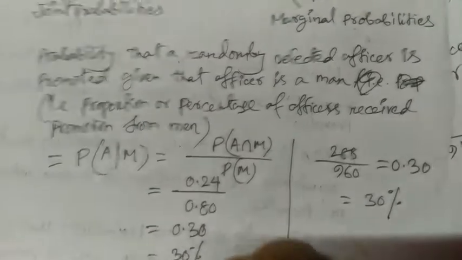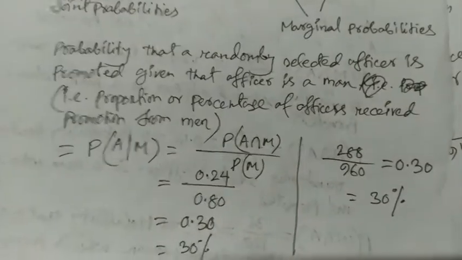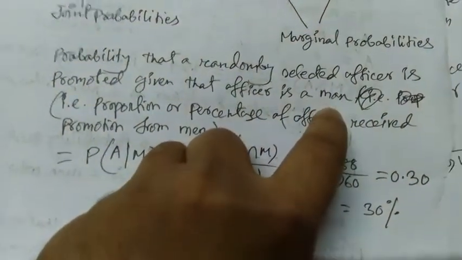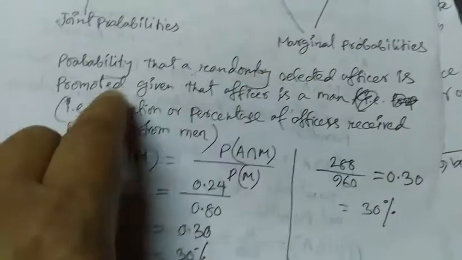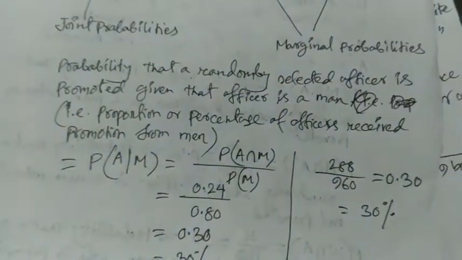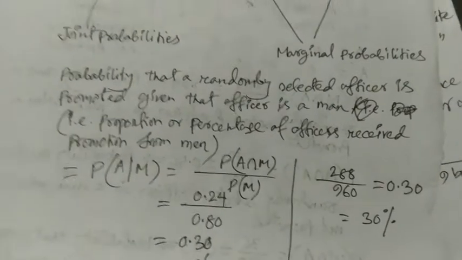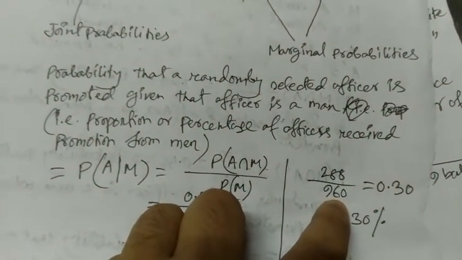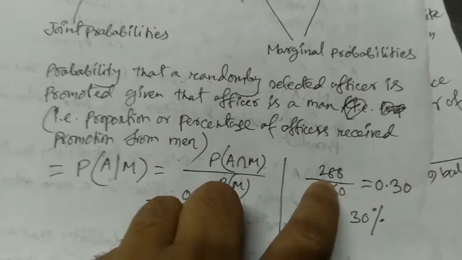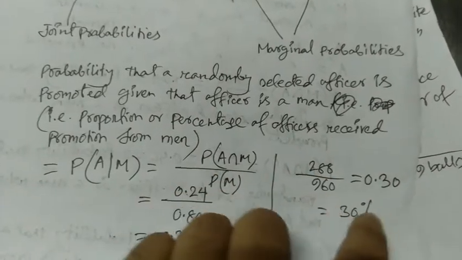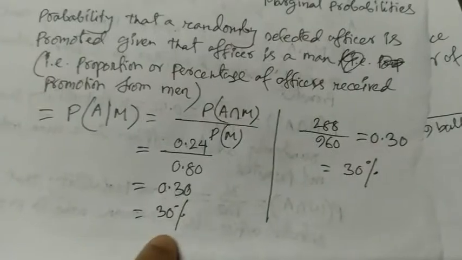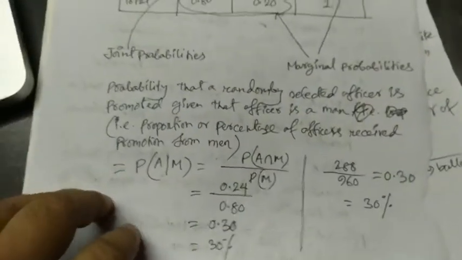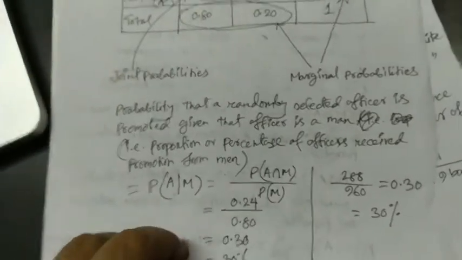So in conditional probability we want to find out, out of male police officers, how many got promoted. Out of 960 male police officers, 288 got promoted. So you will get a similar answer: 30% here, and 30% there too. So these are the two ways of calculating conditional probability.